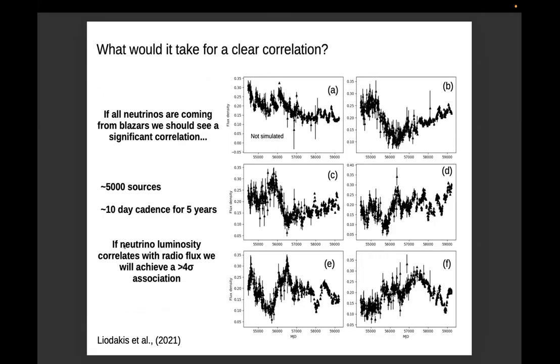And then we tried to do this cross correlation in different scenarios. Something that was very clear is that when neutrinos come with bright radio flares, there should be a very clear signal, and we don't see that. Now there are a lot of different assumptions here, some of them kind of strong, but there is a deeper problem.